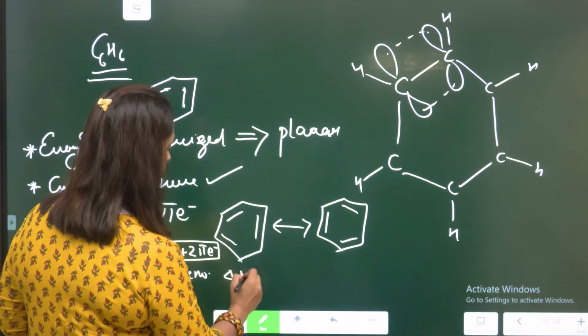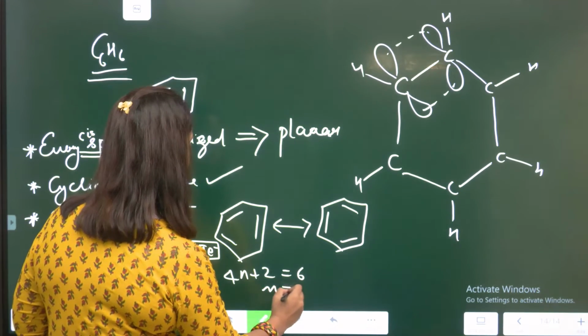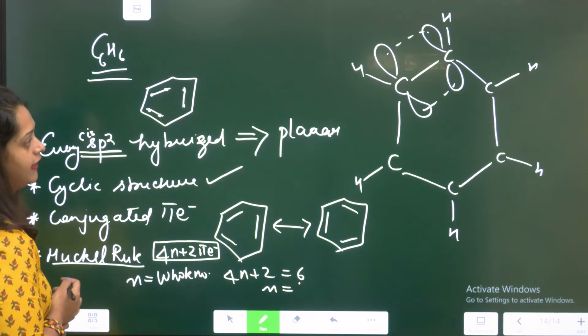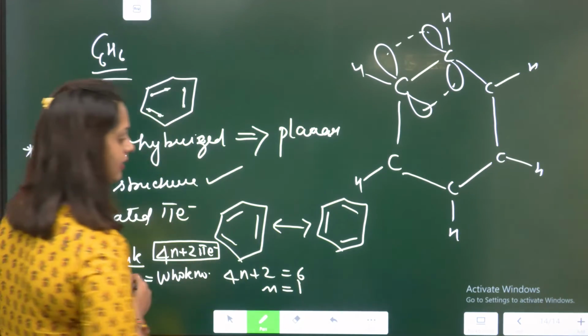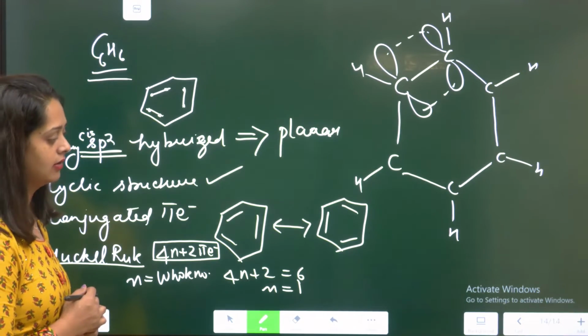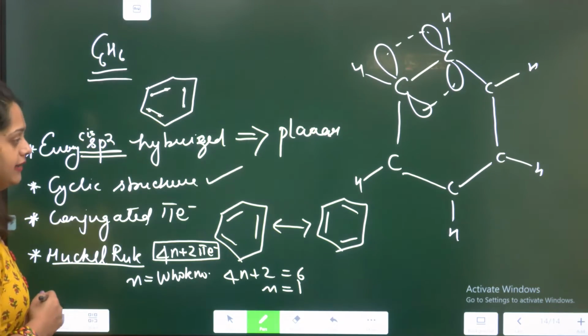When I put 4n plus 2 equals 6, what does n come out to be? 1, which is a whole number, thus suggesting that it follows Huckel's rule as well.